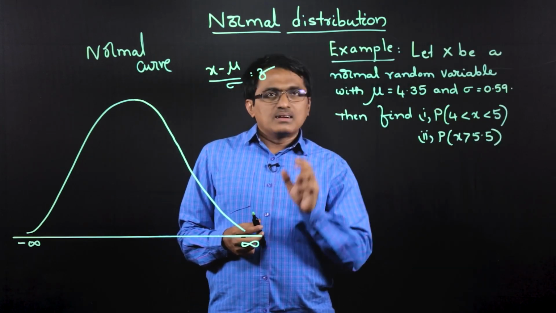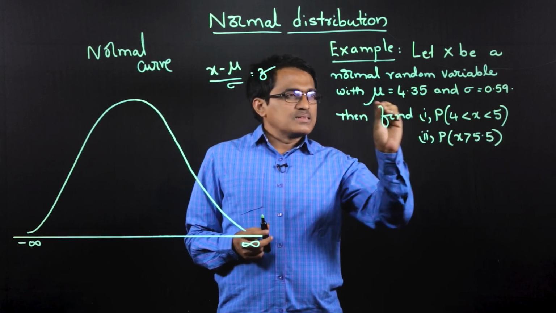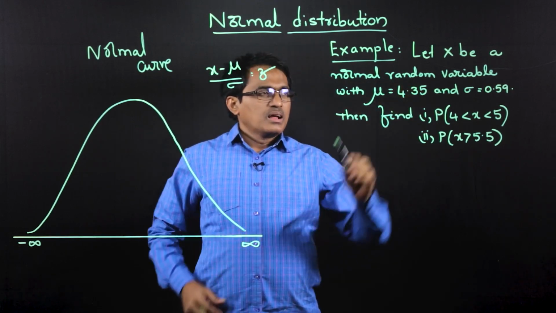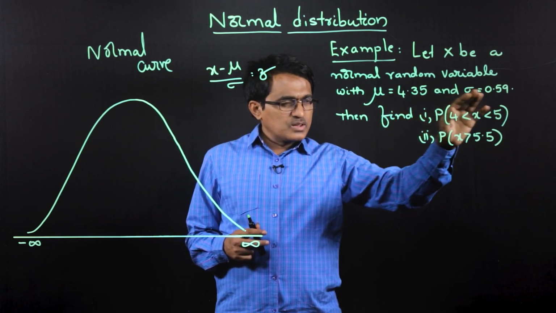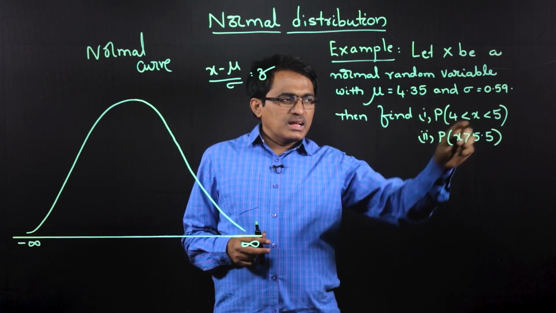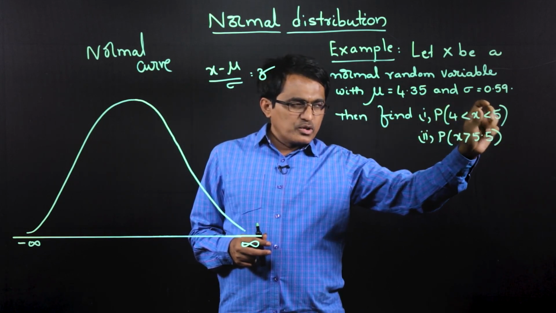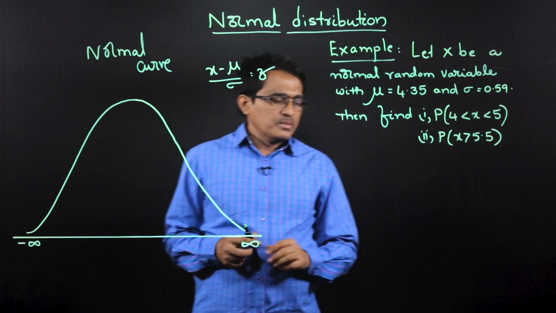Now, to understand the normal distribution process, we will consider a simple example. Let x be a normal random variable where mu is given and sigma is given. Then we need to find the probability that x takes values between 4 and 5, and the probability that x takes a value greater than 5.5.